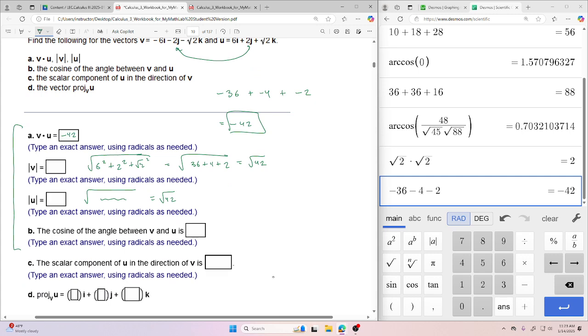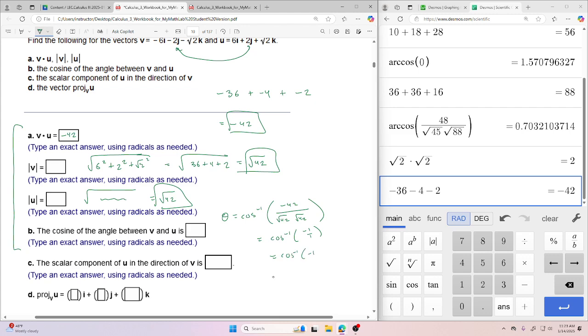Of course, now that I have all this stuff, I have this, I have this, I have this. All three of these can get tossed into my arc cosine formula. So I got the -42 up here, a square root of 42, a square root of 42. So I got my three different pieces of the puzzle. I put it all in. -1/1.